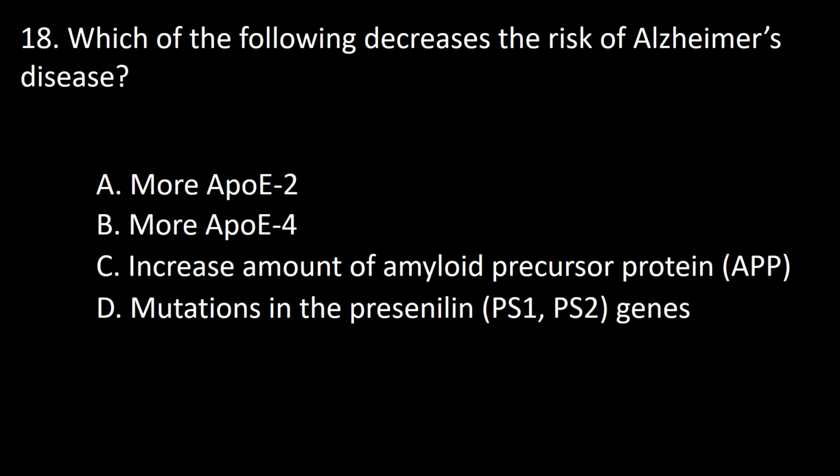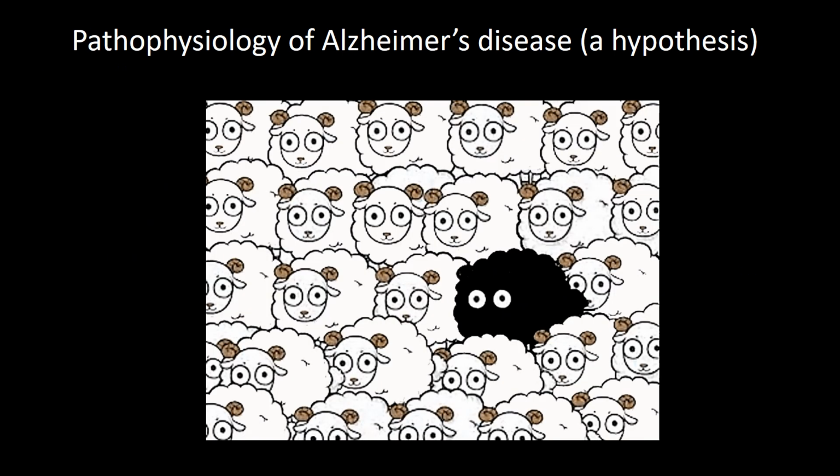Next question, which of the following decreases the risk of Alzheimer's disease? A. More ApoE2, B. More ApoE4, C. Increased amount of amyloid precursor protein, D. Mutation in the presenilin genes. The most prevalent hypothesis about the pathogenesis of Alzheimer's disease has a black sheep.